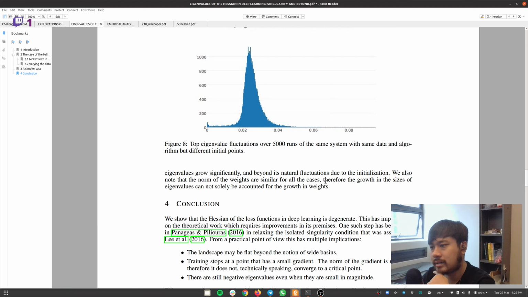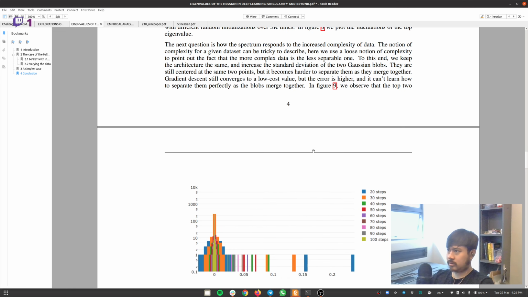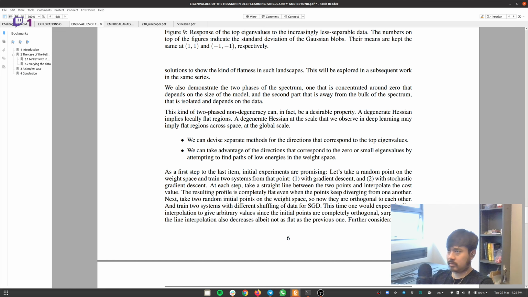Therefore, the growth in the sizes of the eigenvalues cannot solely be accounted for by the growth in weights, I guess. That's what it means. Where is figure 9?